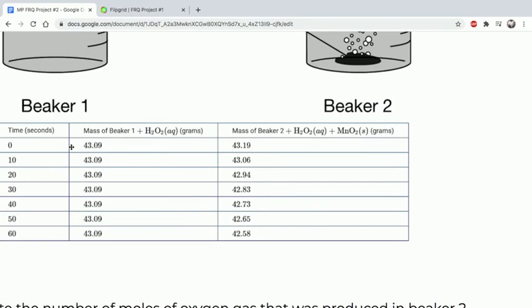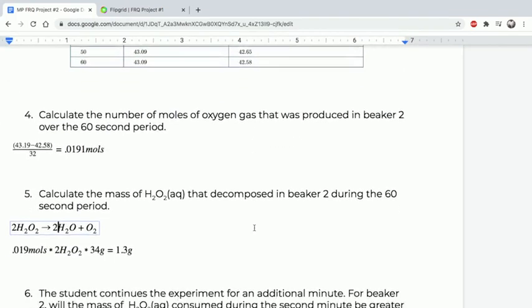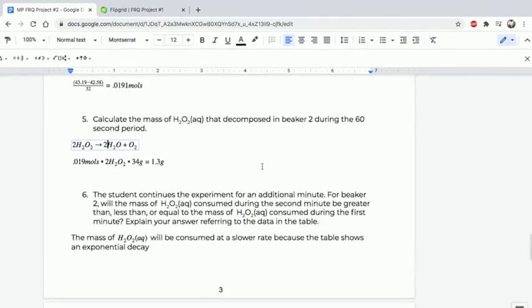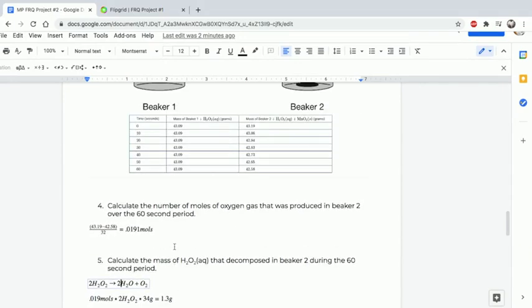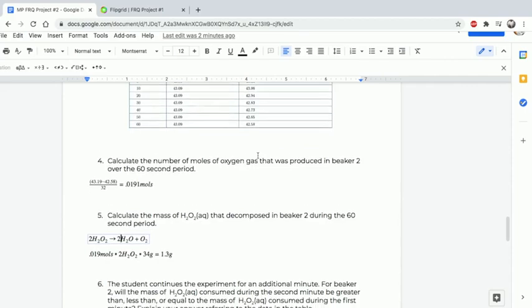In the first 10 seconds we lose 0.13 mass, and then in the next 10 seconds we lose 0.12 mass, and it keeps slowing down until we get to around 7 mass lost. So I said that the amount of H2O2 consumed will be lower, because the exponential decay is right there on the graph.